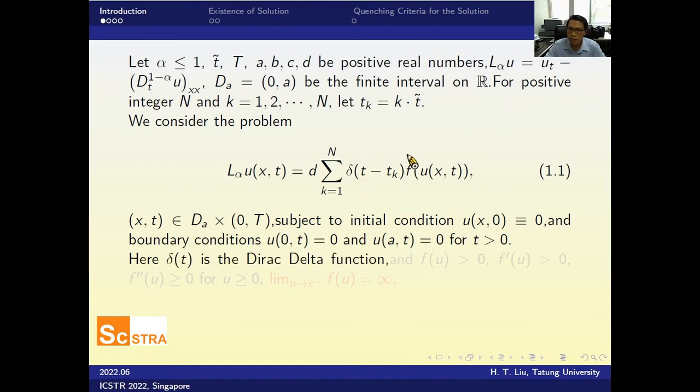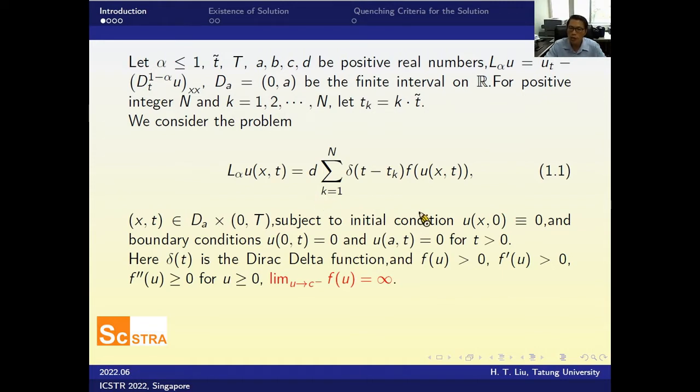For the Dirac delta function in the forcing term, since this is a singular source, due to this singularity we always assume the solution u to be just a continuous function rather than a continuously differentiable function in the classical sense.